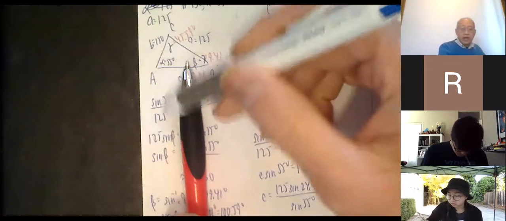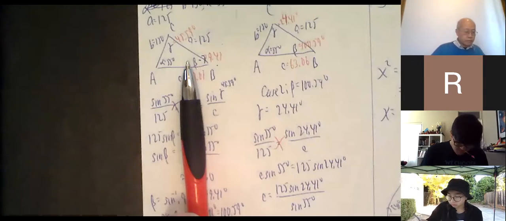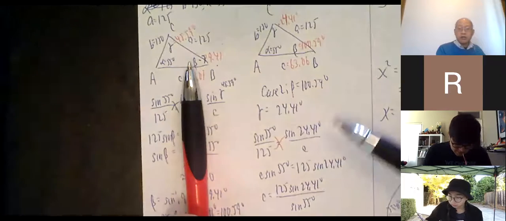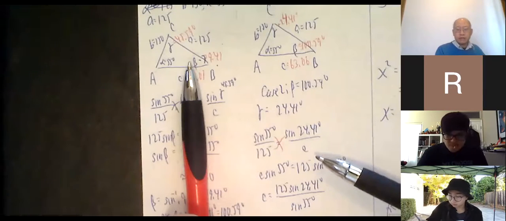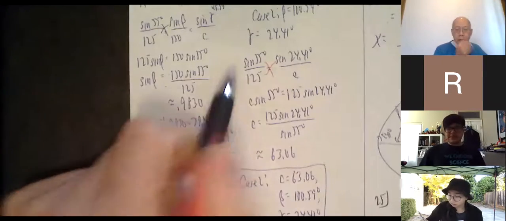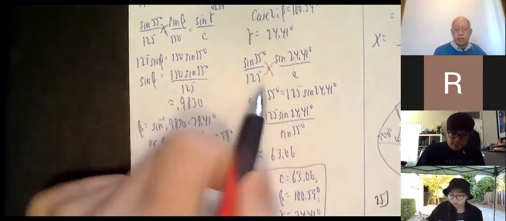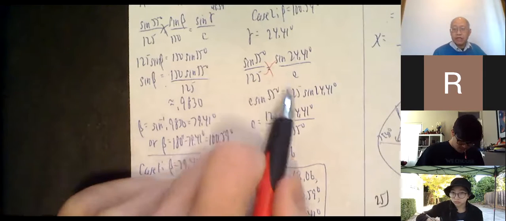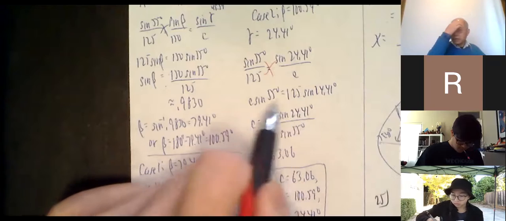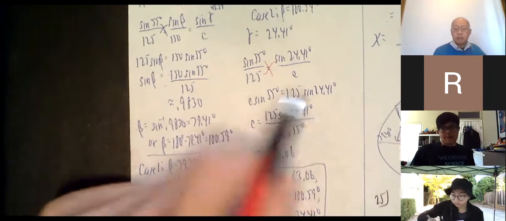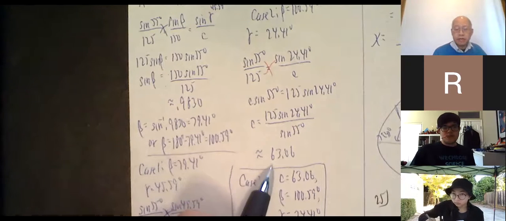So sine of 55 over 125 equals sine of 24.41 divided by c. Again, cross multiply. That times that equals that times that. So c sine of 55 degrees equals 125 sine of 24.41. Divide both sides by sine of 55. So c is all that. Punch it in the machine, and you get 63.06.